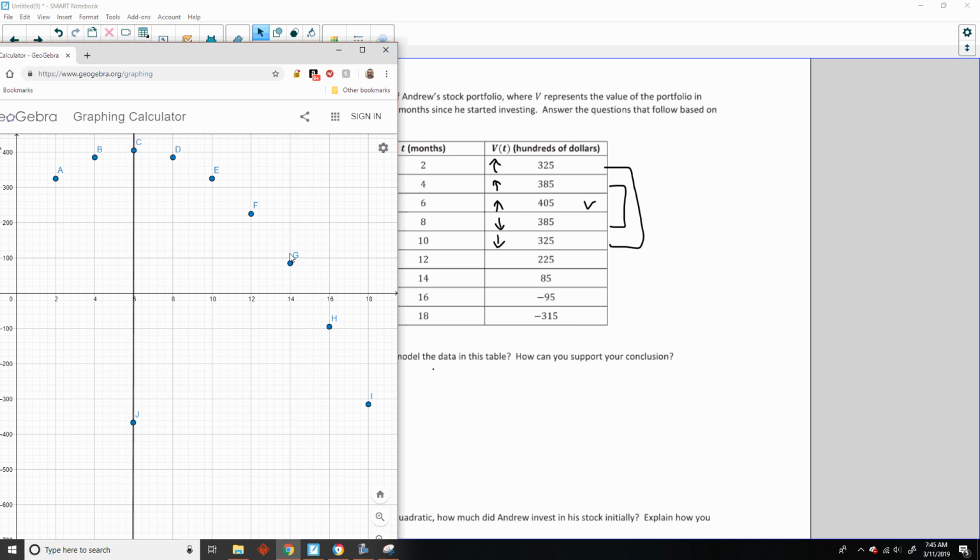And then it starts to drop, and he went all the way down to being in debt. This is the $0 mark. So now he is in the hole $315,000. So he just lost the value of a house almost, depending on where you live. Looking at this, yes, it does look like a quadratic, but we cannot say for certain that every U-shaped curve is a quadratic. In this case it does, because it appears we have a vertex and our values are symmetric about the vertex up until this point here.